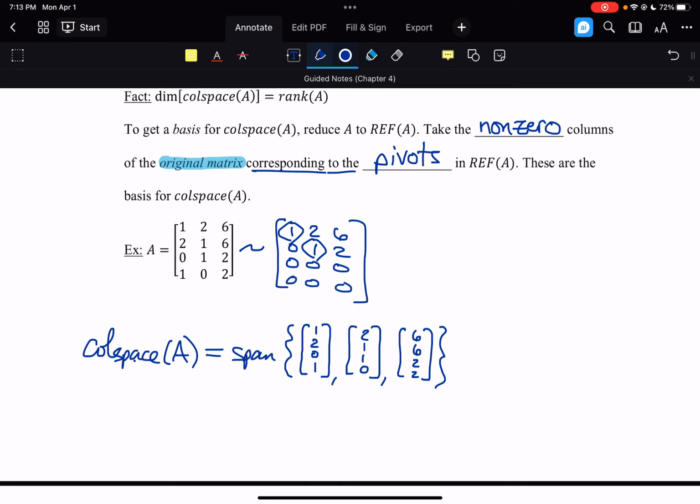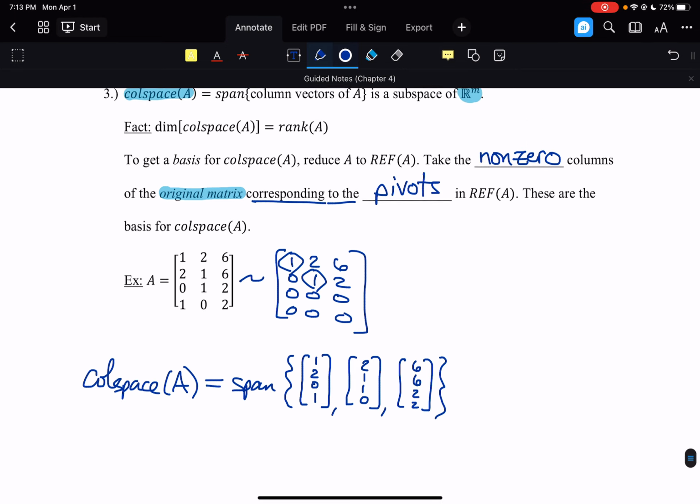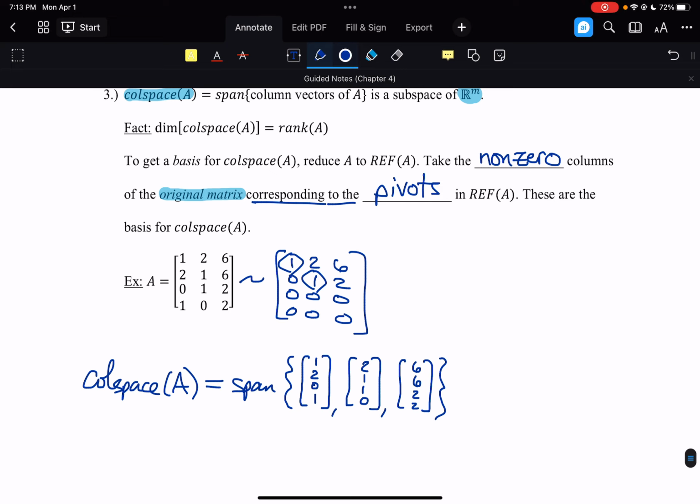Now, the column space itself is the span of all of these column vectors. The basis for the column space is going to be, we're going to take all of the pivoted columns in row echelon form, so that's the first two columns, and go back and take the original columns that correspond to those.